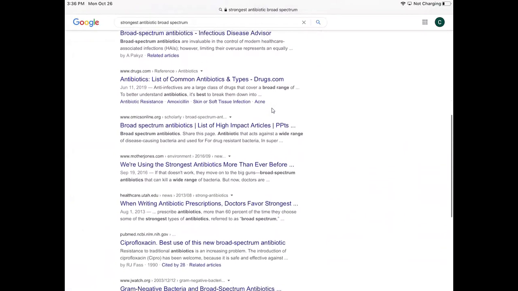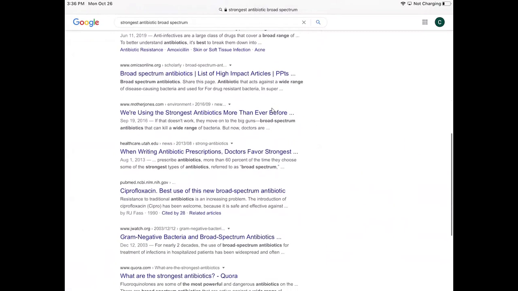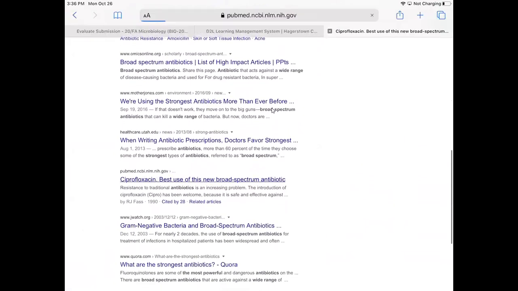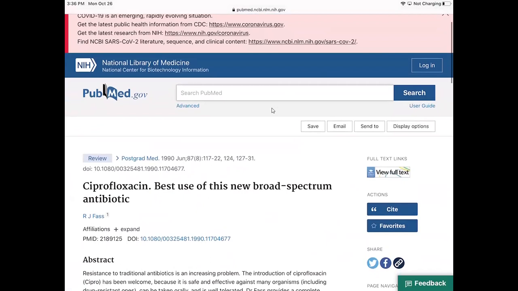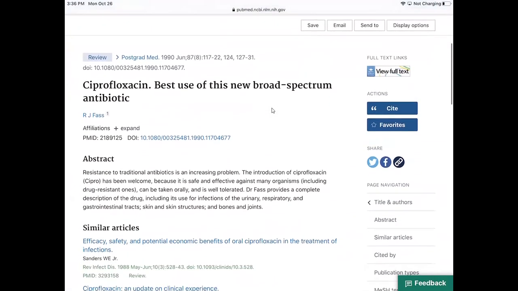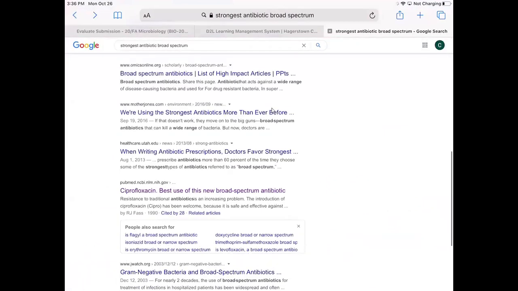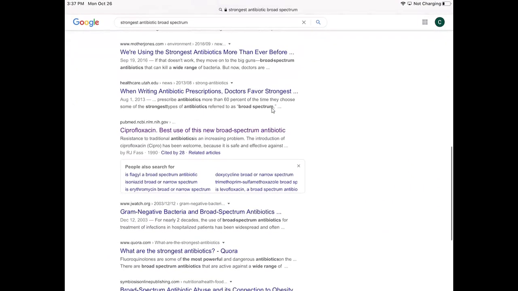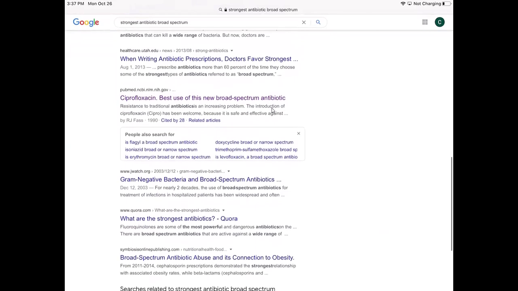Huh. Cipro. This is saying Cipro, the best use of new broad spectrum antibiotic from 1990, it was Cipro. So Cipro is a fluoroquinolone, and it is the one when the anthrax stuff was going down. That was the one they were saying.